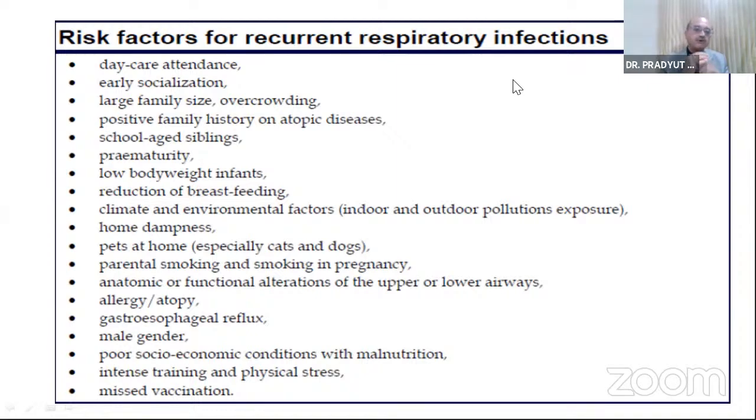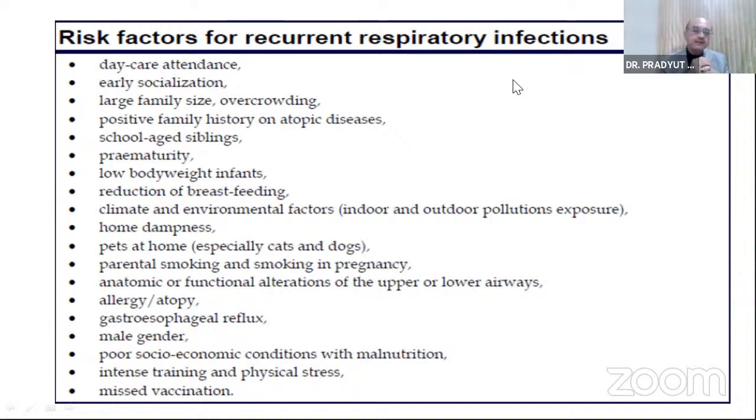Premature birth or low birth weight infants are at risk. When the child is not breastfed by the mother, the transfer of maternal antibodies doesn't take place and the child is more prone to develop recurrent respiratory infections. Certain indoor and outdoor pollution, presence of pets at home, and dampness at home all make them more vulnerable.